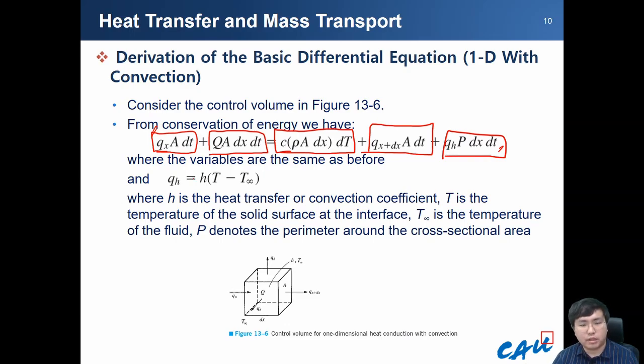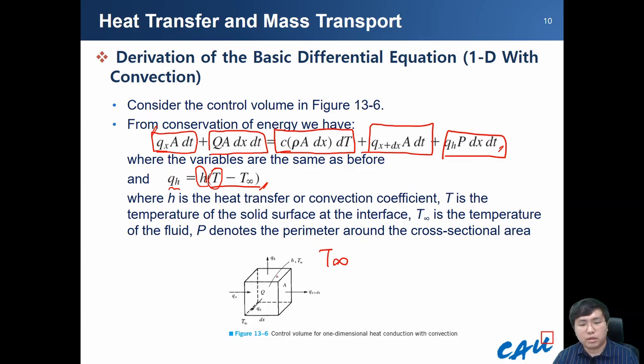This heat convection has this kind of mathematical relationship: the heat convection coefficient times the temperature difference between the external environment and the solid temperature. What is the problem? We know the environment temperature.